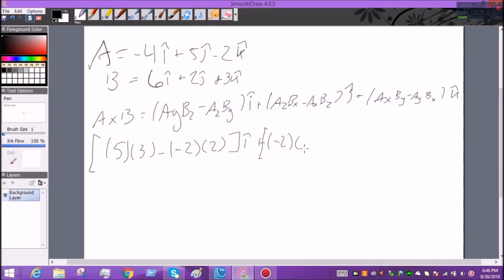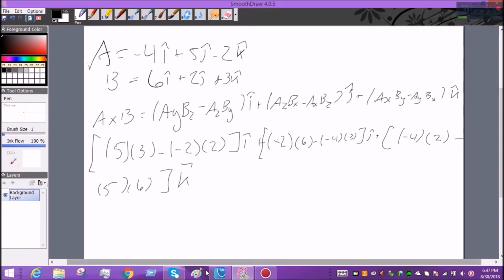Negative 2 times 6 minus negative 4 times 3, and that is j, plus a_x, which is negative 4, times 2 minus 5 times 6. Okay, so that's our k. It also wants the magnitude.